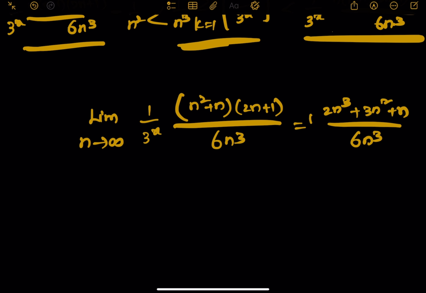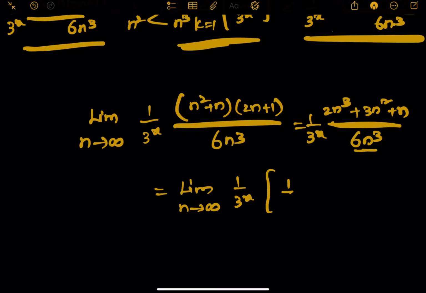So 1 by 3 to the power x. So that will give us limit n tends to infinite. You split the numerator and denominator. 1 by 3 to the power x. Here you will get 1 by 3 plus 1 by 2n plus 1 by 6n square.